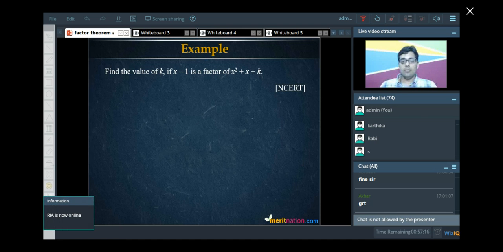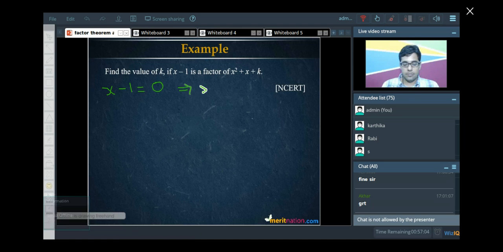Using the factor theorem, putting x minus 1 as 0, we will get the value of x, and now putting this value in this polynomial, x square plus x plus k. So we can say p of 1 would become 0.